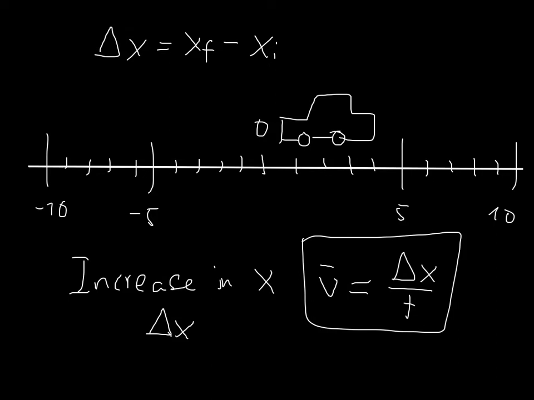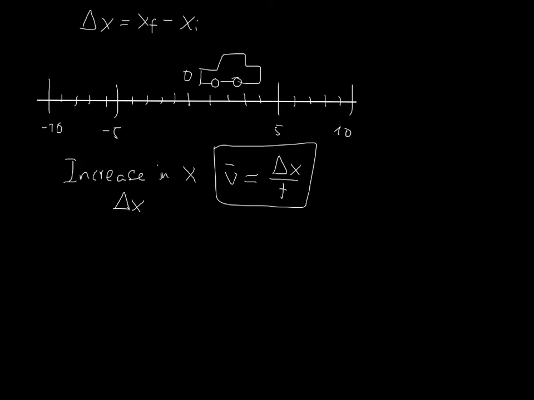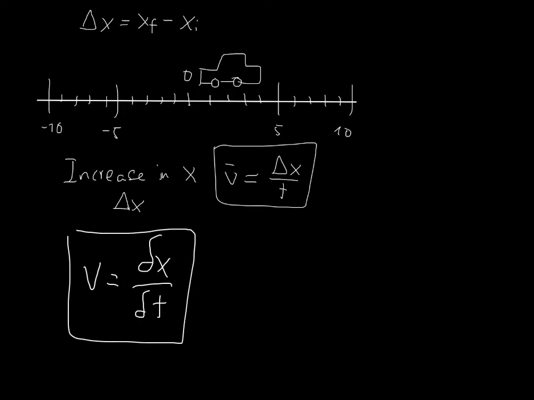Pause the video, give yourself 5 seconds to think about it, then unpause. Alright, so hopefully you did what I asked you to do and figured out that the velocity will be same thing. Tiny increase in displacement over a tiny increase in the time. And that's how we defined instantaneous or just plain velocity, whereas this is average velocity.